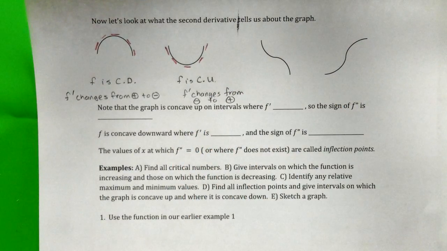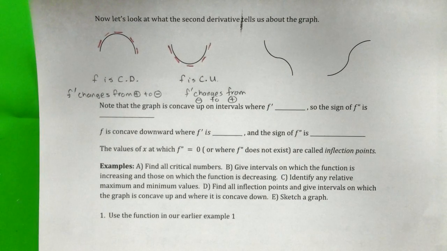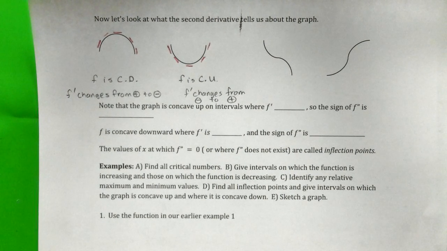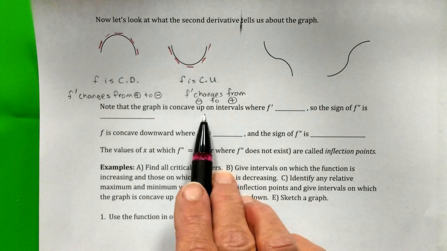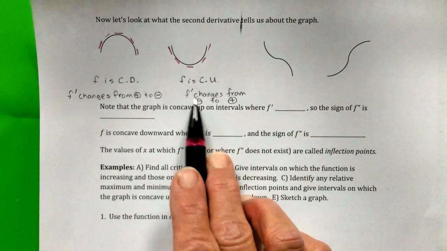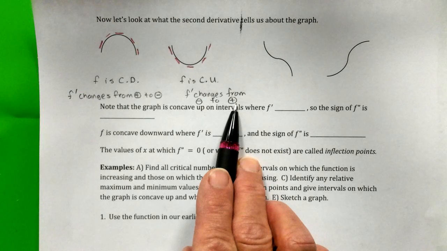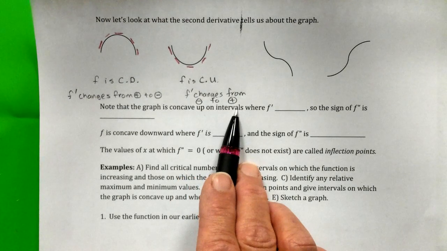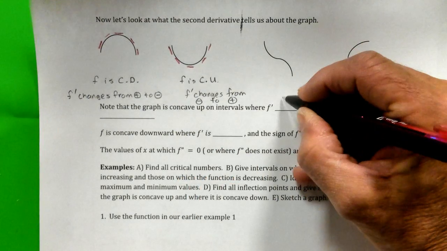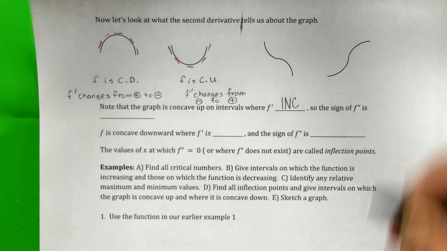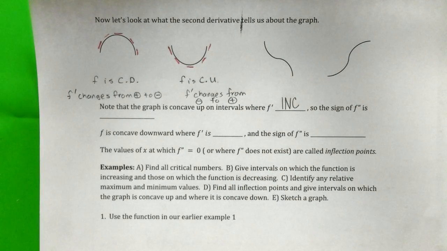So the graph is concave up where f prime grows in size from a negative number to a positive number. So f prime is increasing. We used f prime to tell me where f was increasing. I'm going to use f double prime to tell me where f prime is increasing.